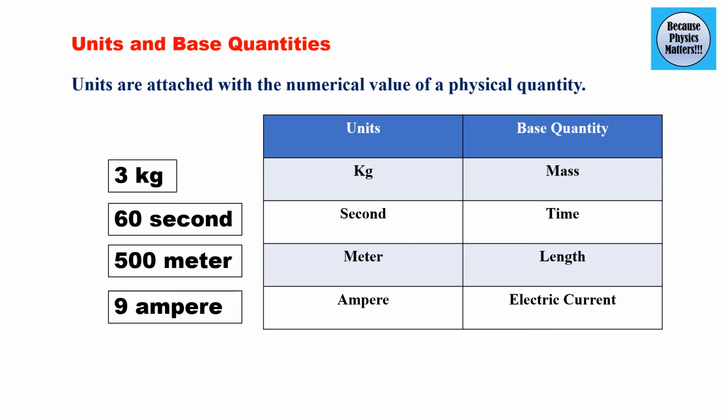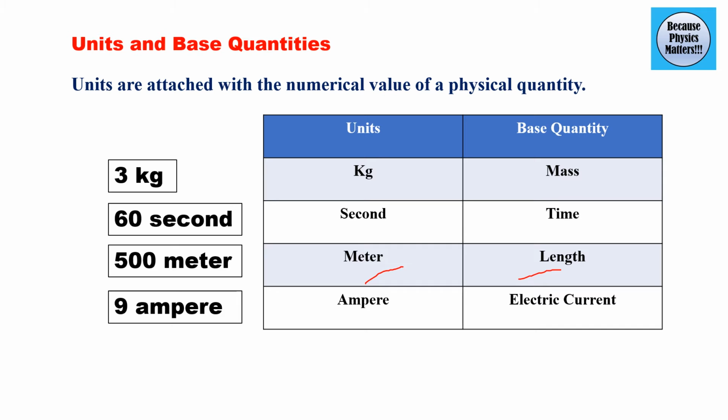So meter is the unit, and with this meter a length is attached, because meter is giving you the information about length or distance, so length is the base quantity and meter is attached with the numerical value, which is actually a unit.